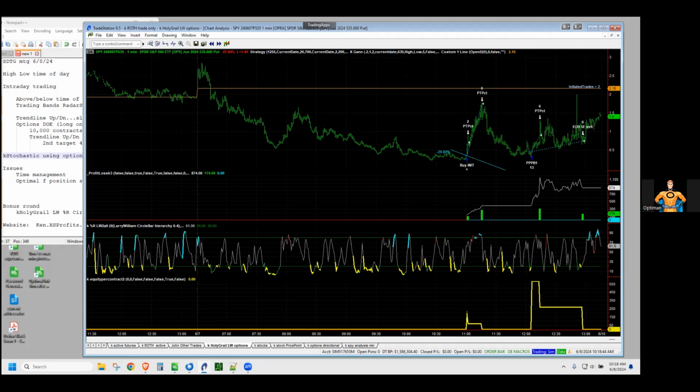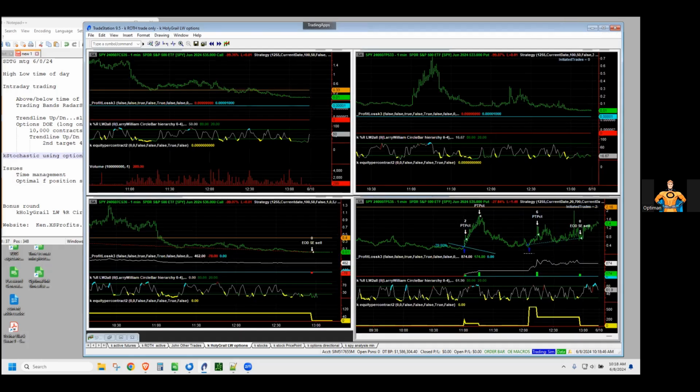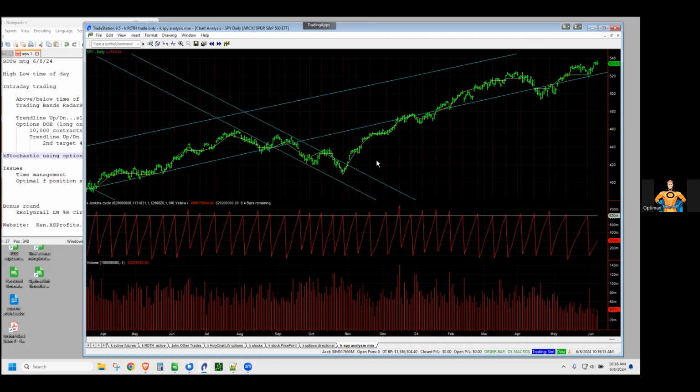So anyway, and one more thing here. People were talking always about leading and lagging indicators. There's this thing called a Jenkins cycle. Michael Jenkins wrote this 20, 30 years ago, and I've been using it ever since.